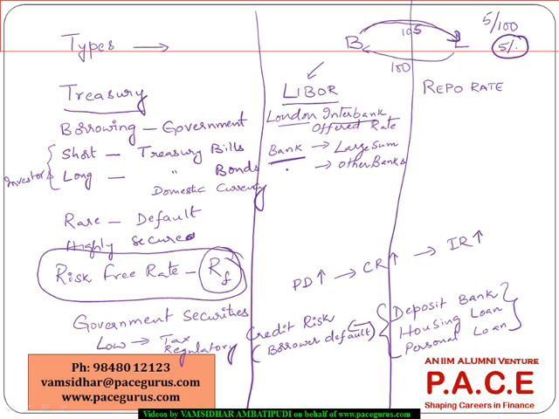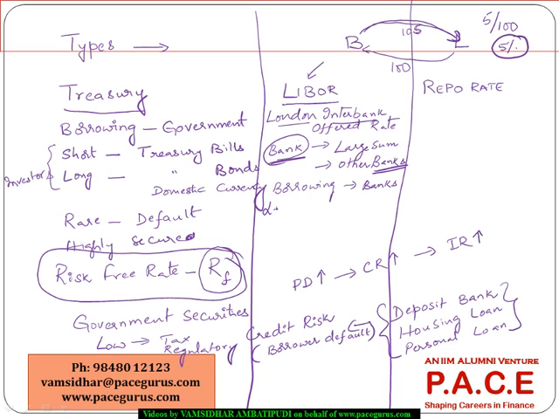So it's a kind of borrowing rate. From the other bank's perspective, it is trying to borrow from this bank. So this is also a kind of borrowing rate, but not by the government here. The borrowing is generally done by the banks, and the bank which is depositing is the lender bank.